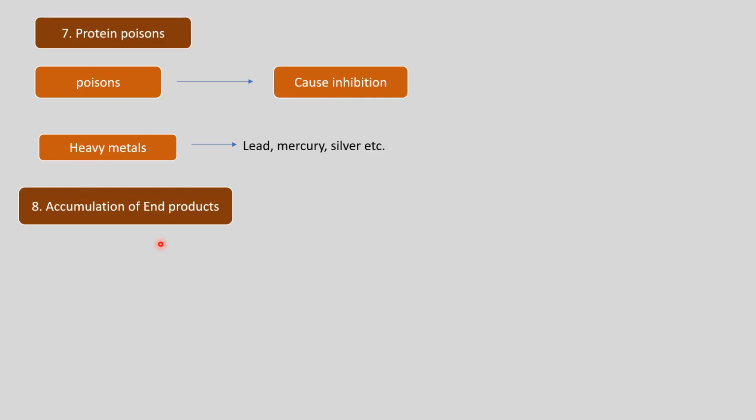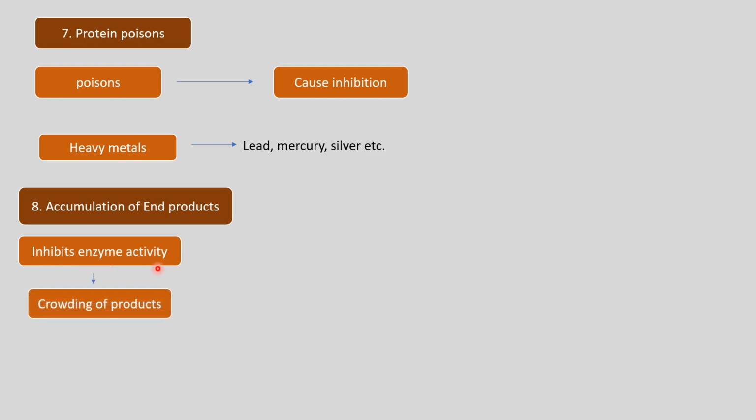Then next is accumulation of end products. We know that at the end of enzyme activity, end products are formed, that is, the products are formed, which are the main substance of interest, right? But when there is accumulation of end products, this would lead to inhibition of enzyme activity, because accumulation of end products means that crowding of the product will take place at the active site.